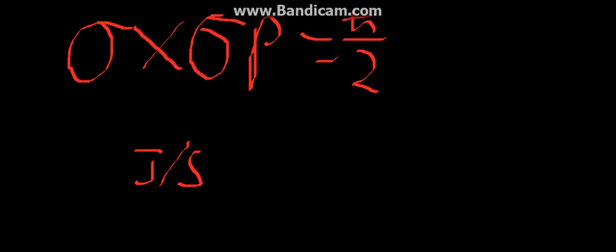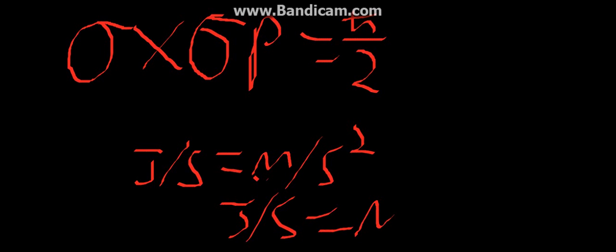And if we want to find the speed, we want to convert joules per second into meters per second squared. And if we want to find the position, we would want to convert joules per second into meters. So that is basically Heisenberg's uncertainty principle, and that is how you go about using it.